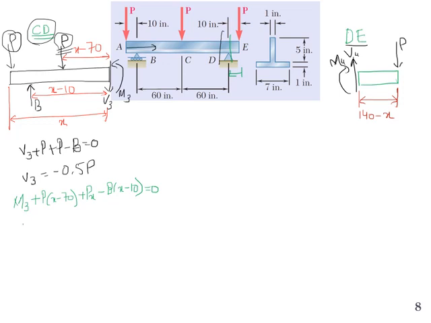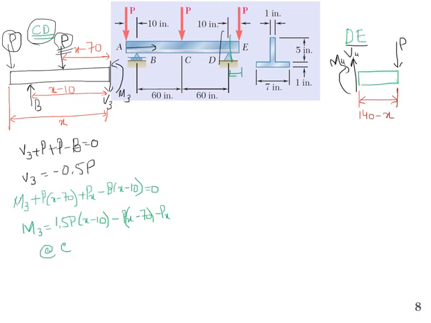Or M3 I can write 1.5 times P into x minus 10 minus Px minus 70 minus Px.